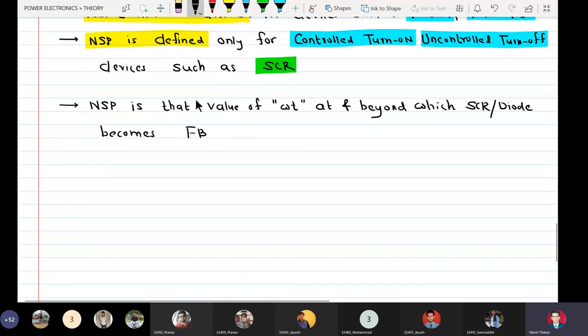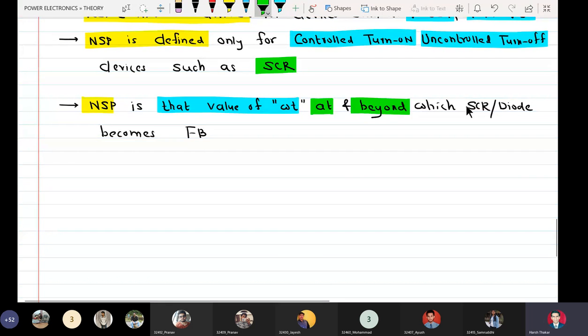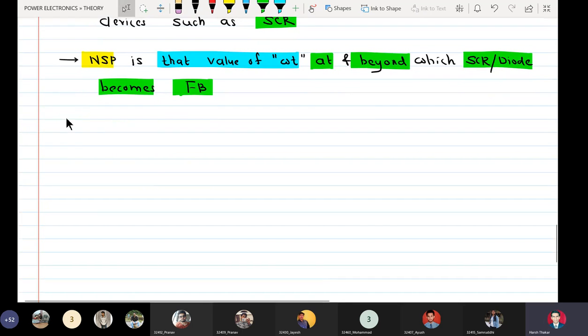Okay, so natural switching point is that value of omega t at and beyond which the SCR or diode becomes forward biased. Okay, so that is why the value of NSP will depend upon how the particular SCR or diode is connected with respect to the supply.